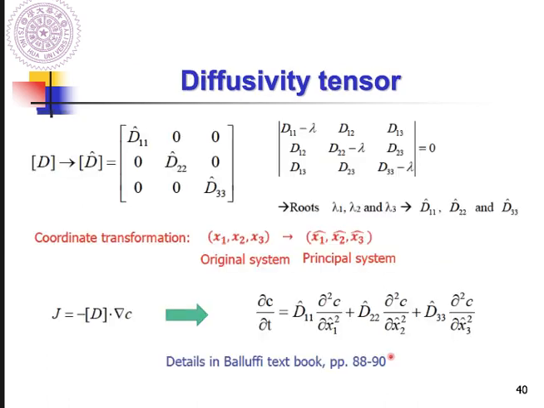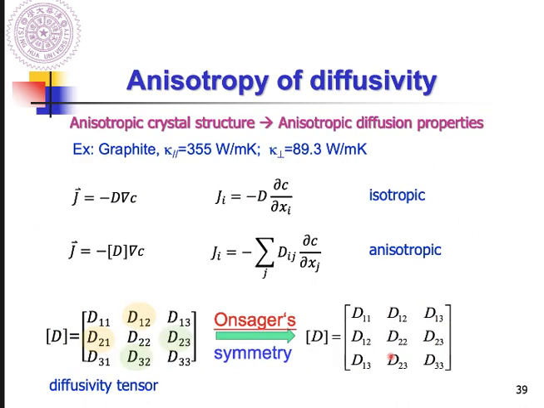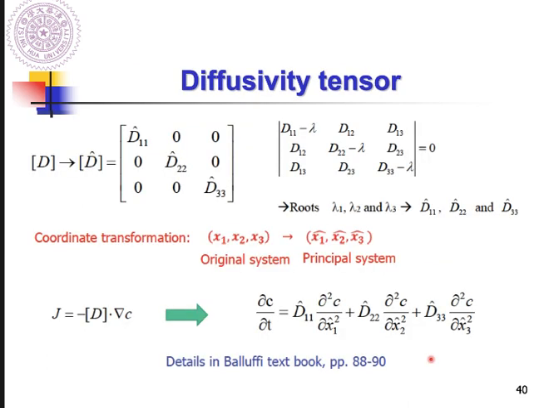Okay, and some people will probably ask, Professor, even though we reduce the unknown parameters from 9 to 6, is it possible to simplify the diffusivity further? And I will say yes.